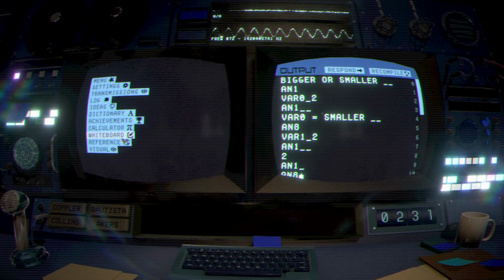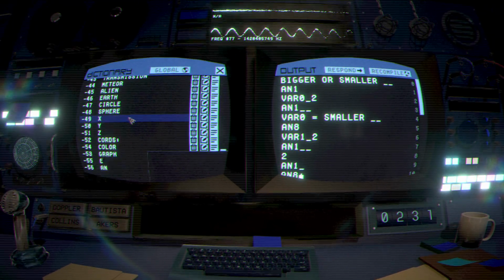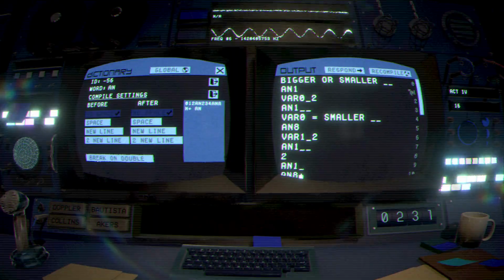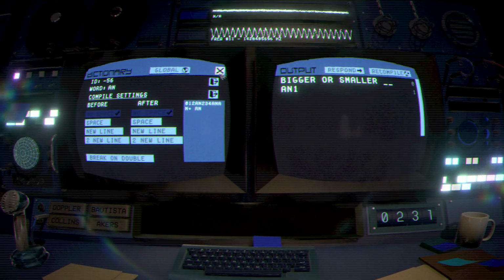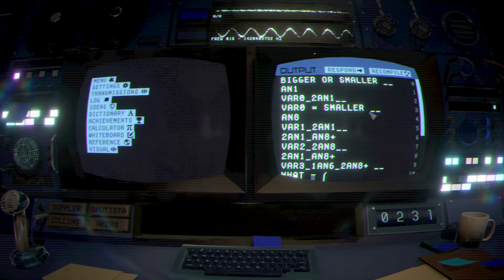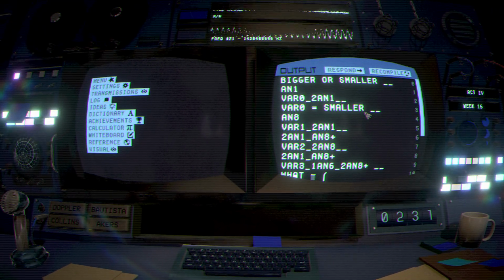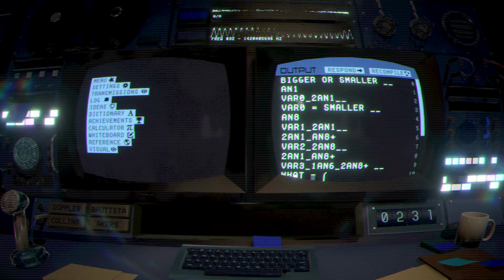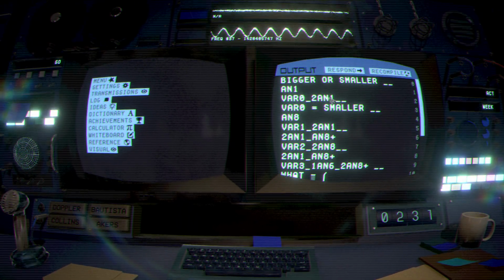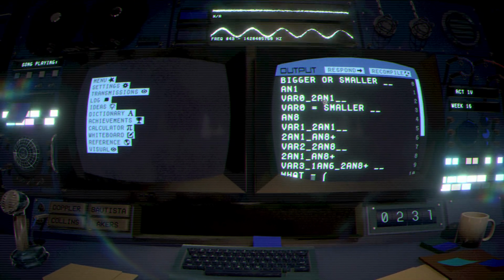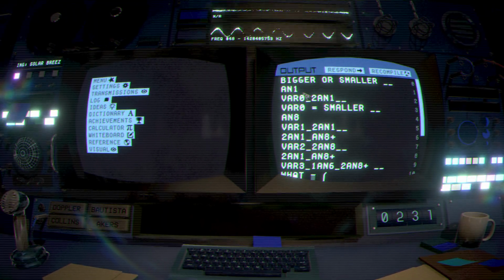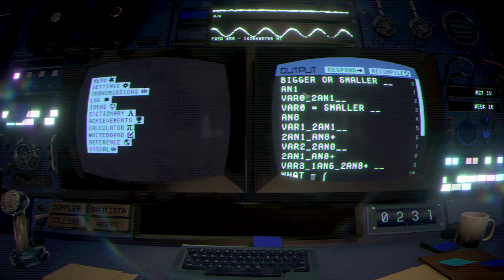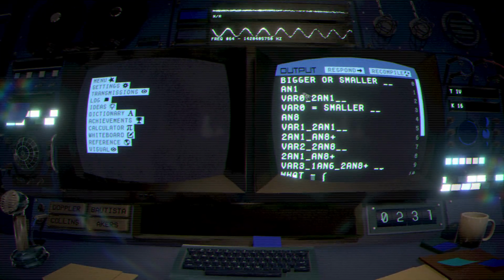Okay, bear with me. I think the dictionary's screwing us up here. Atomic number 1, variable 0, 2 atomic number 1s. What does that mean? Variable 0 is smaller.